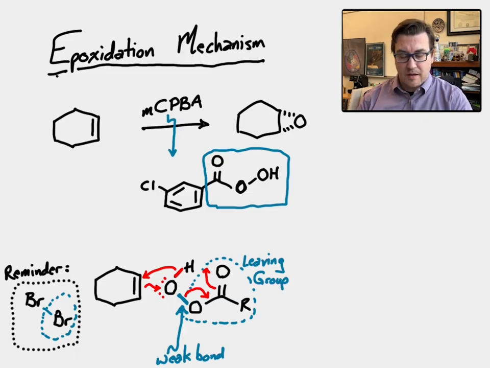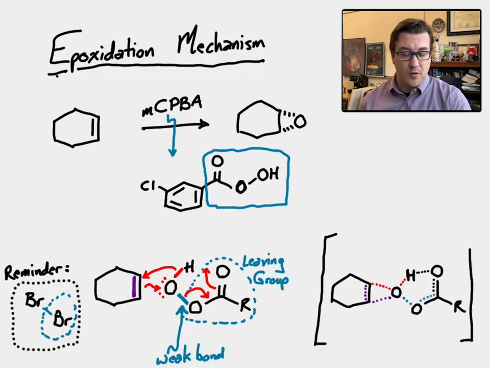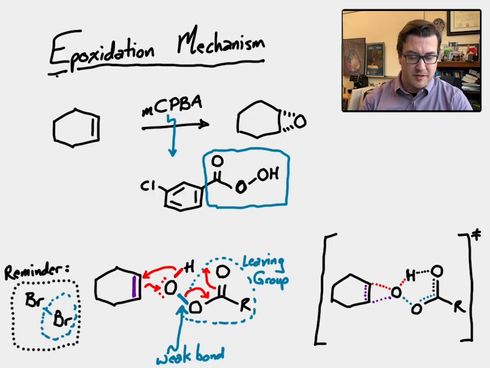And so if you follow all of these bonds, you'll see that this whole portion leaves along with this proton that is abstracted from this terminal oxygen atom. The transition state is interesting in that all of the bonds are being made and broken at the same time. And I tried to highlight and color code the electrons that were in the original bonds and where the new bonds are being formed.